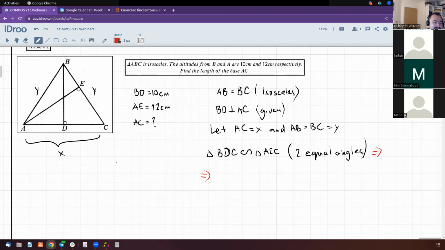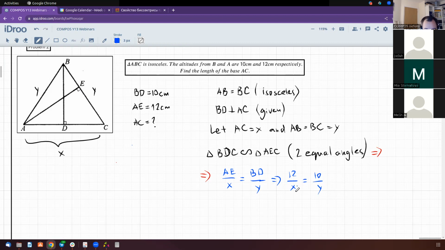Because we know we have the ratio of the sides. We have AE. AE is given to us. So the ratio of AE to x is the same as the ratio of BD to y. Therefore, AE is 12 divided by x is equal to BD, which is 10 over y.